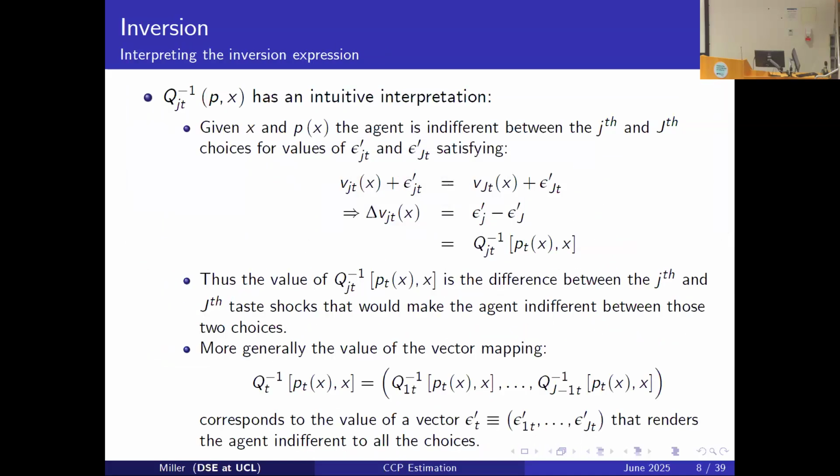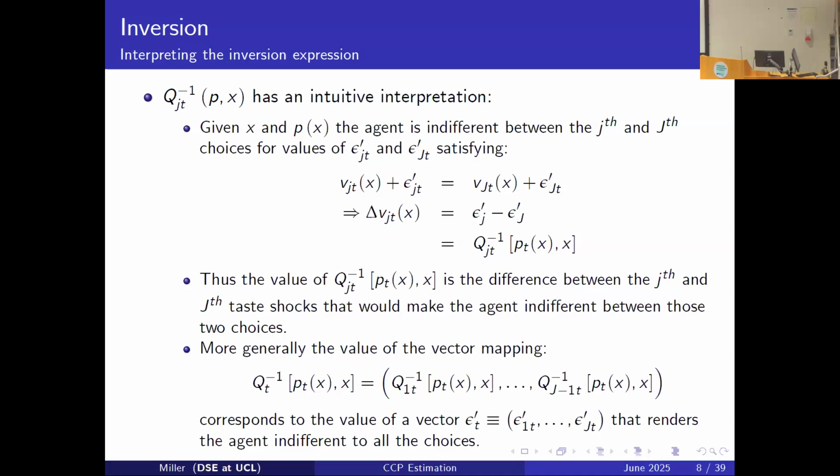How do we interpret this Q minus 1 thing? Well, given X and the conditional choice probabilities, you've got that this thing, V little j plus the epsilon prime, say, is equal to V big J and epsilon big J prime when they're indifferent between the two.